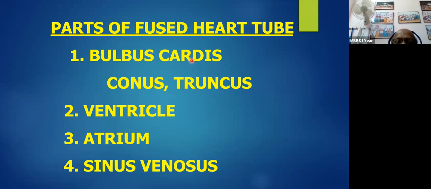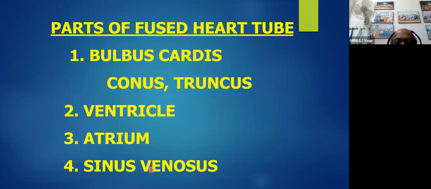The bulbus cordis is divided into proximal conus and distal truncus arteriosus. That's why the other end is the arterial end. Conus and truncus arteriosus are the parts of bulbus cordis. Next, ventricle, atrium, and sinus venosus.